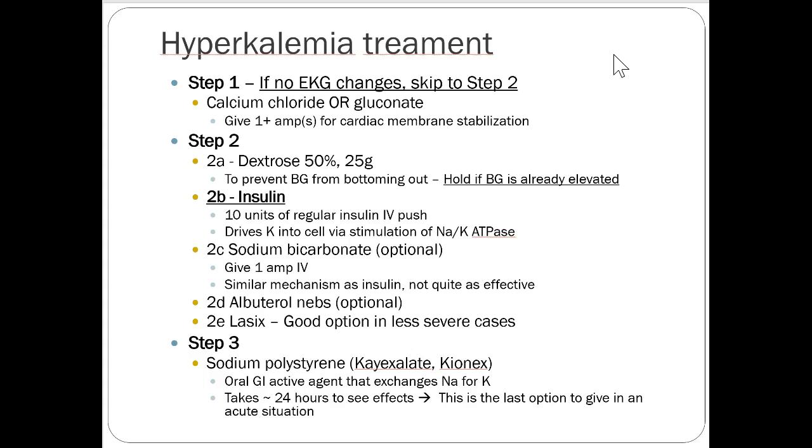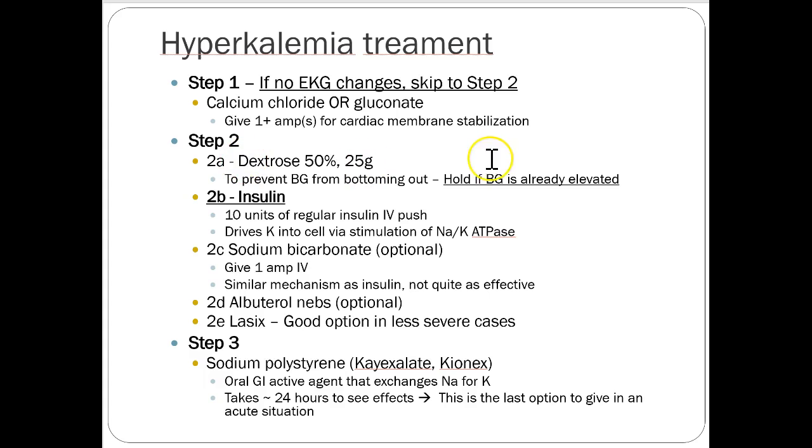So step two kind of all revolves around insulin. Insulin is the best way to drive potassium into the cells. So you want to give insulin, but first you want to see what their blood glucose is. If their blood glucose is elevated, you don't have to do anything because the insulin is going to help with that. If their blood glucose is normal or low, then you're going to want to start with dextrose.